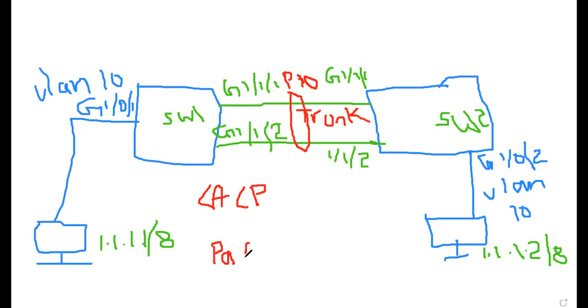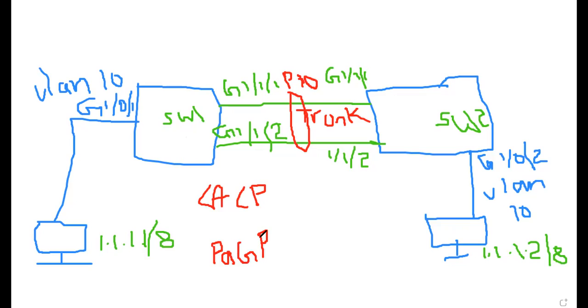PAGP is Cisco proprietary, and LACP is open standard. So both the sides should have the same protocol. If you're configuring LACP on switch 1, the other side must be LACP. And if you configure PAGP on switch 1, the other side must be PAGP.